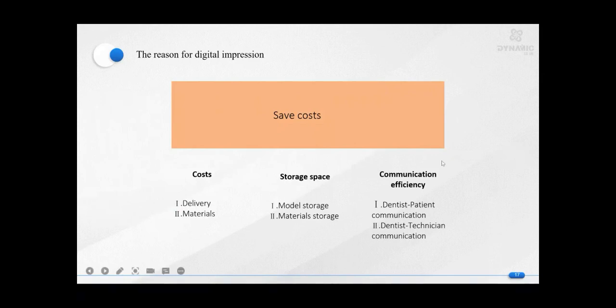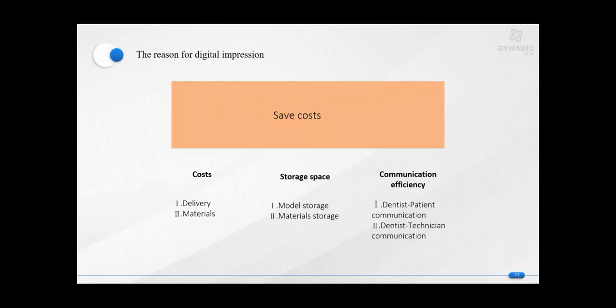And then the third one is communication efficiency. The computer can visually display the patient's tooth model, which makes communication between doctors and patients easier, and the patients can clearly understand the condition of their teeth.